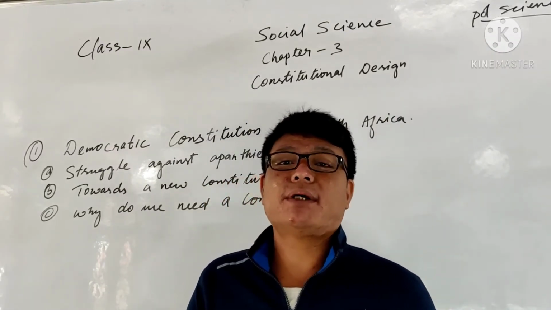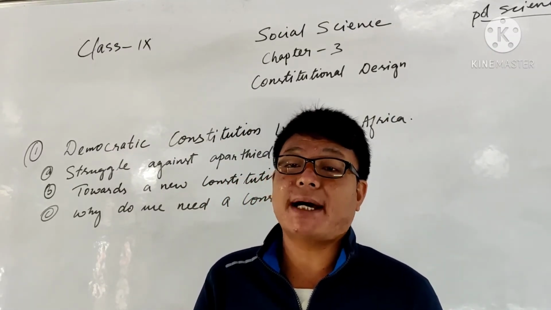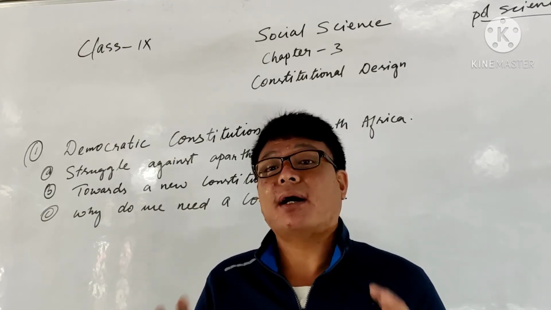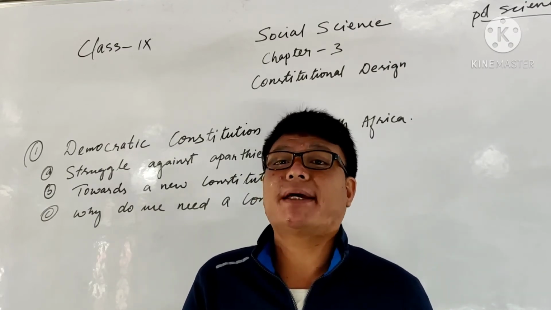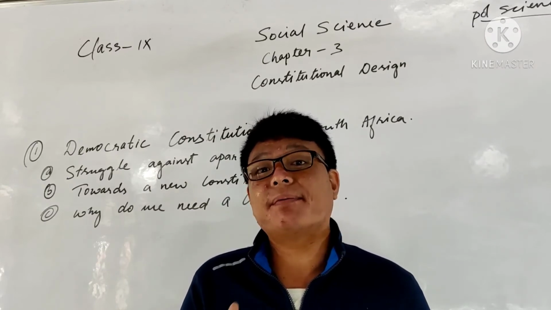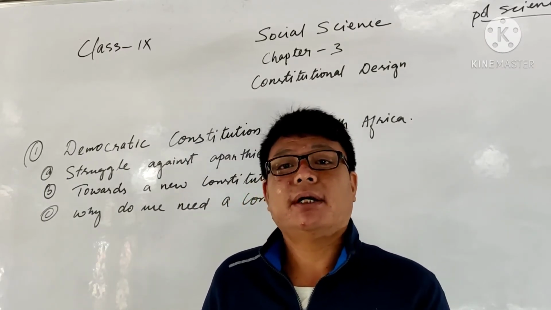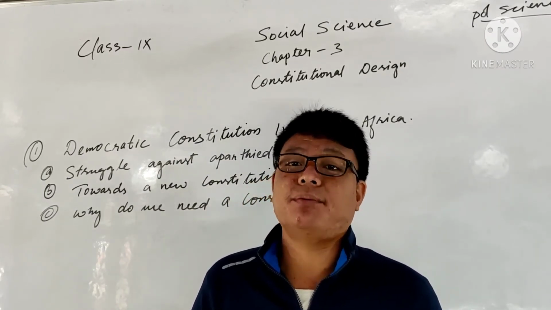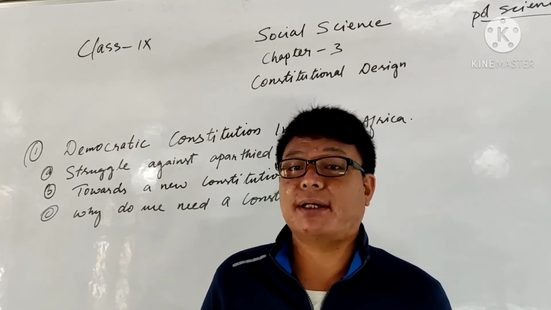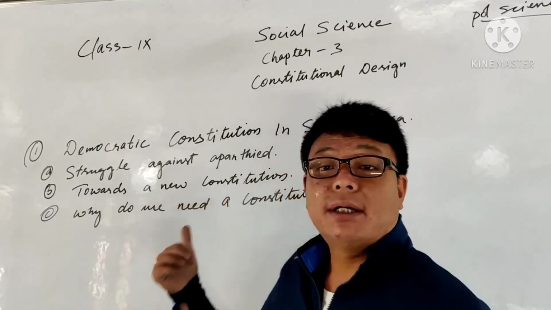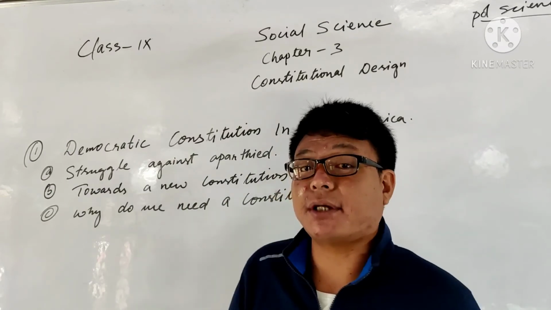The new rules and regulations would bring all the peoples, either black or white, together. So they needed to make one new set of rules and regulations in one book, as per which everything will be there. So that is why the move toward a new constitution started in South Africa.